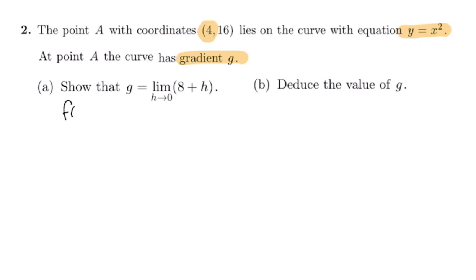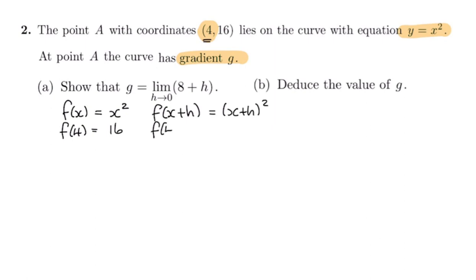So we're going to start writing a few things out. Now, first of all, we know that our function of x is x squared. We also know that x is 4, so f of 4 will be 16. If you remember, in the formula, we need f of x plus h, and that will be x plus h squared, and of course x is 4, so f of 4 plus h will equal 4 plus h all squared.